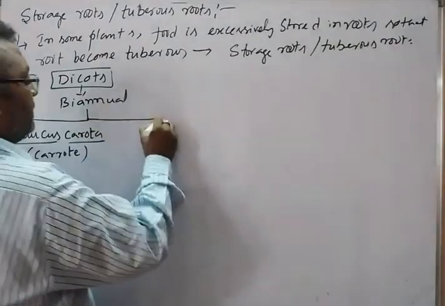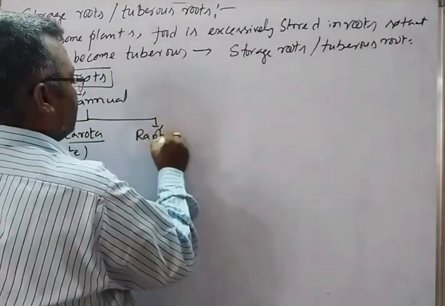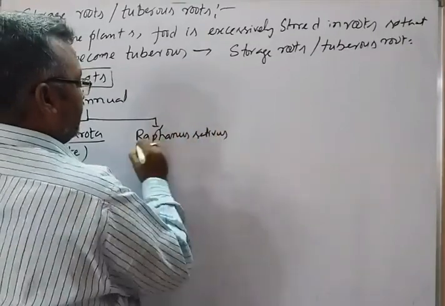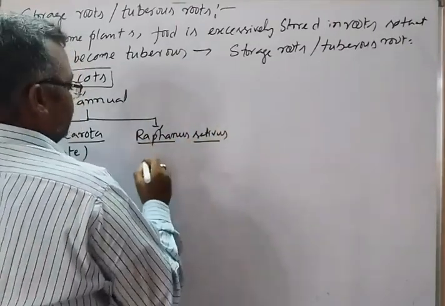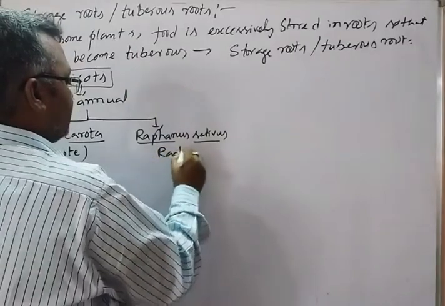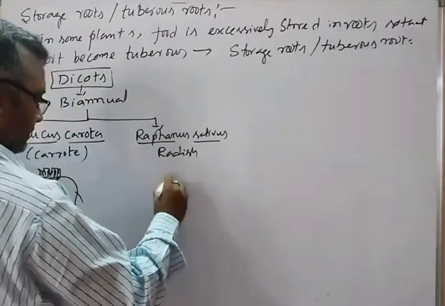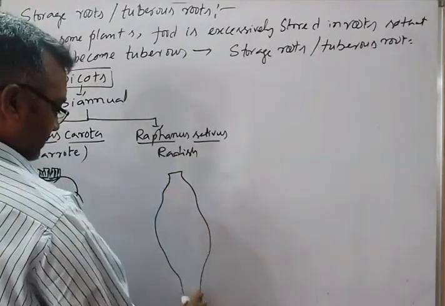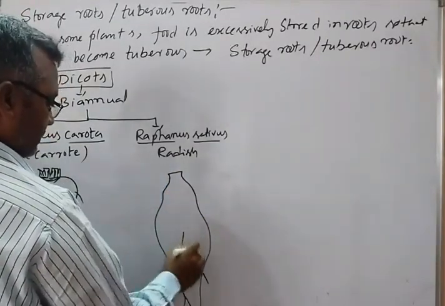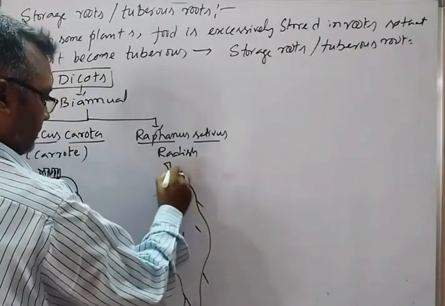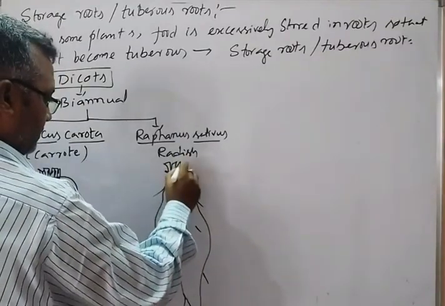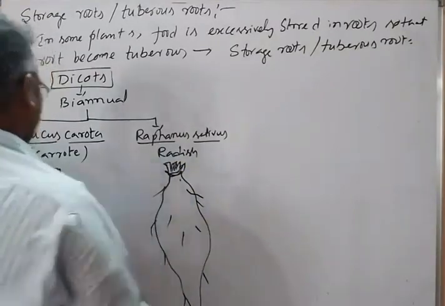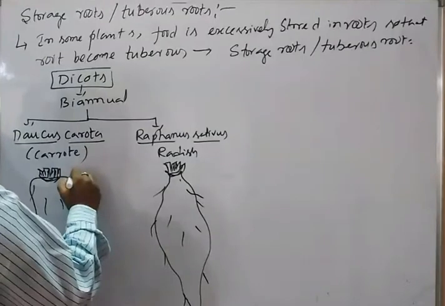Next, Raphanus sativus, that is radish. Here the root tuber is conical in shape.